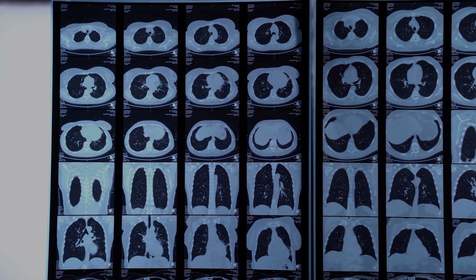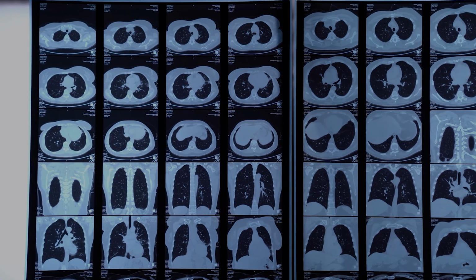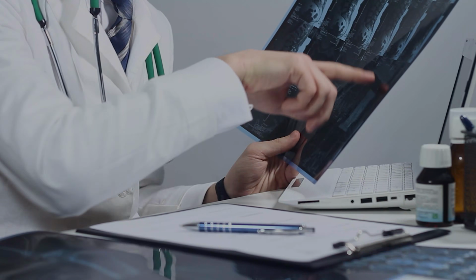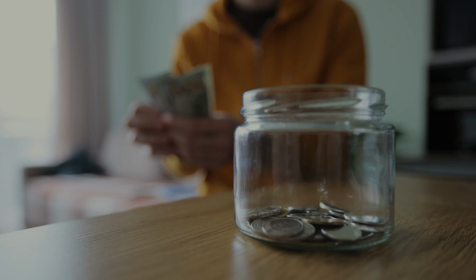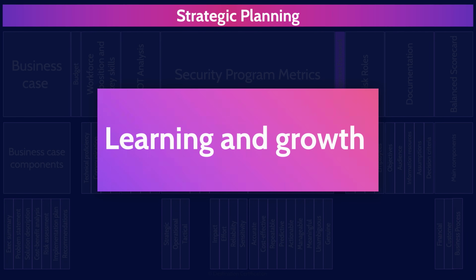Think of them as the X-ray for your process, spotting the bottlenecks, pointing out the shortcuts, and saving money along the way. Finally, learning and growth perspectives focus on building future security capabilities through skill development, knowledge management, and innovation initiatives. This forward-looking lens makes sure security doesn't just stand still, but keeps leveling up to take on the next wave of threats and tech.